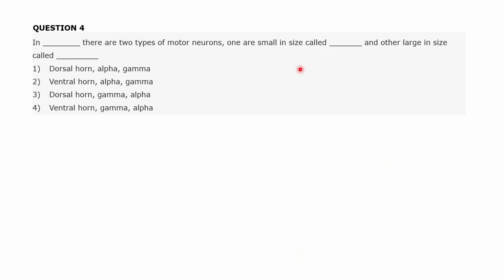So coming to question number 4, there are two types of motor neurons, one small in size called what, and the other large in size called what. First option is dorsal horn, alpha, gamma; second option is ventral horn, alpha, gamma; third option is dorsal horn, gamma, alpha; or the fourth one, ventral horn, gamma, alpha. Which might be the answer?